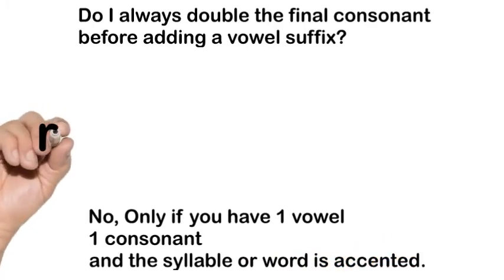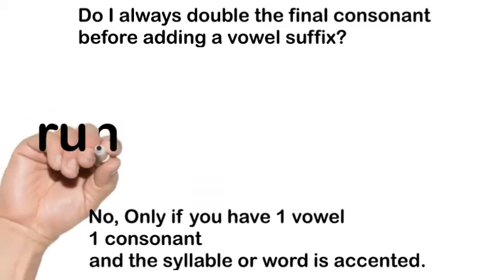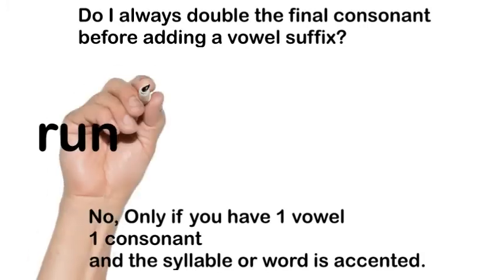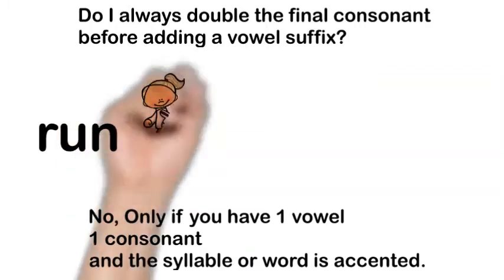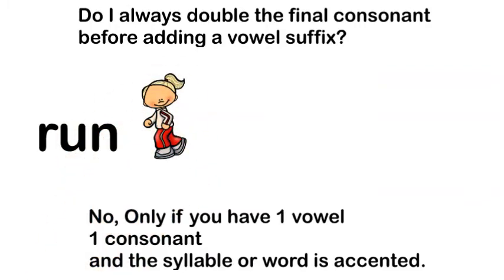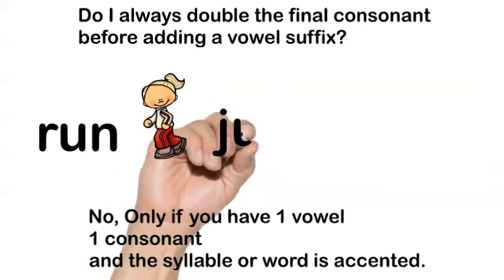So let's look at one. I have the word run. Do I have one vowel? Yes. Do I have one consonant after the vowel? Yes. Is it accented? Yes, because it's only one syllable. So I'm going to double that N before I add a vowel suffix.